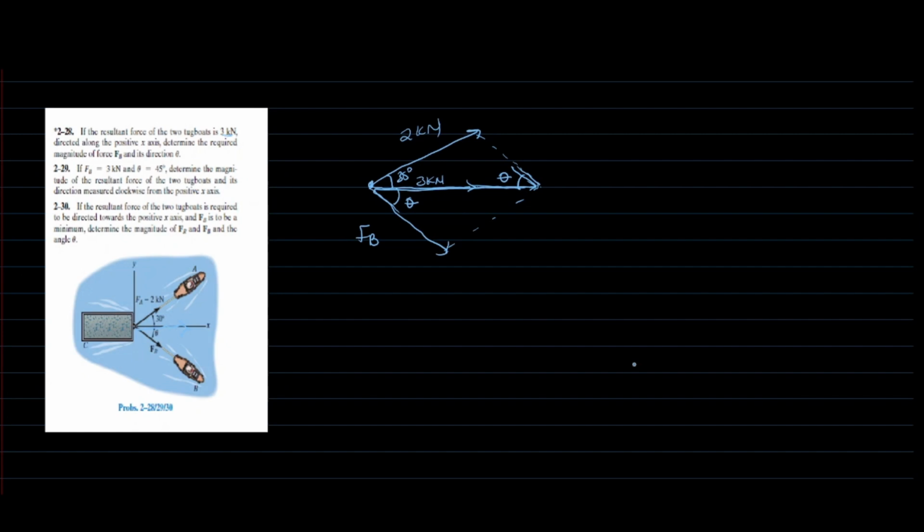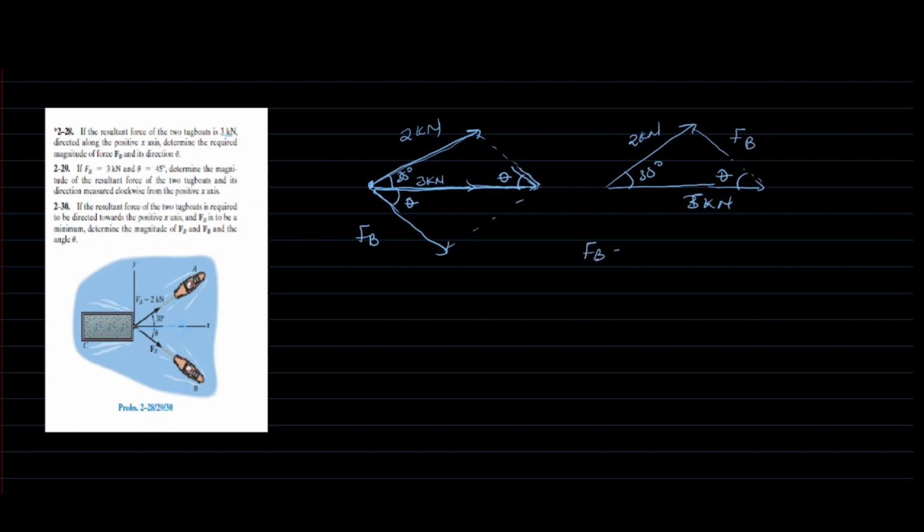Now I'm simply going to bring out this triangle, just going to extend this. It's going to be 3 kilonewtons. This is 2 kilonewtons. This is 30 degrees. This is theta. Now this is FB.